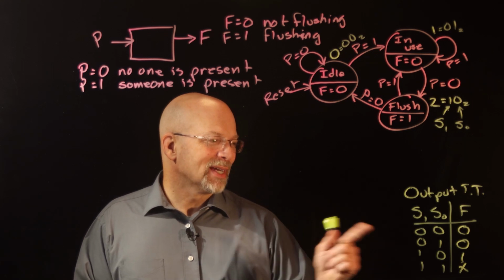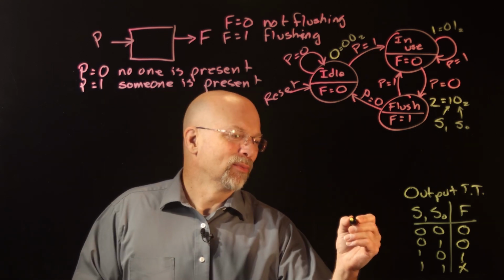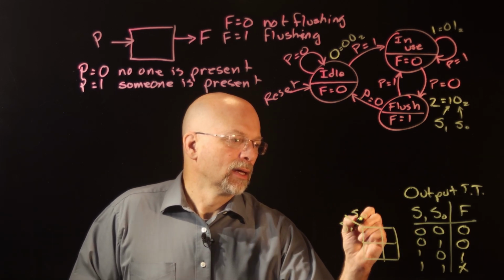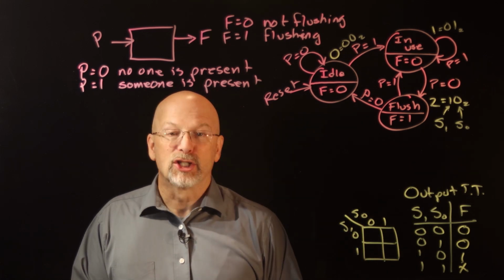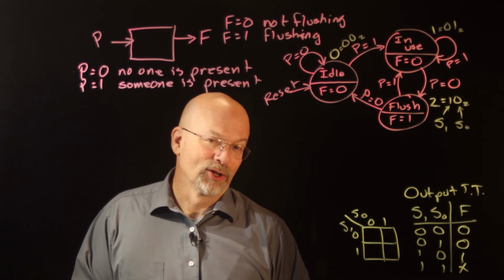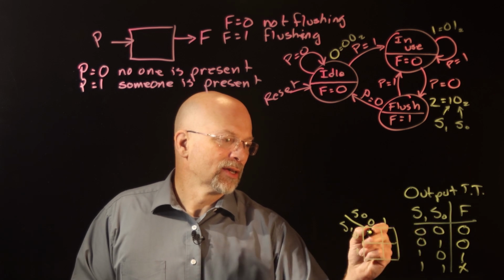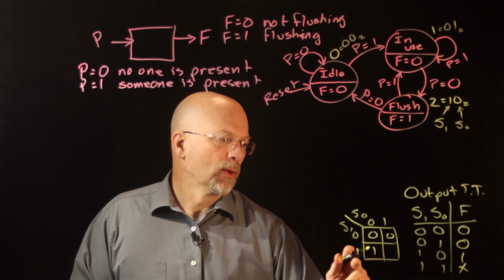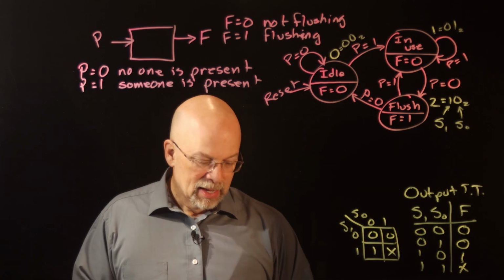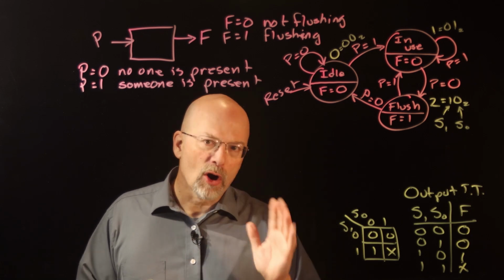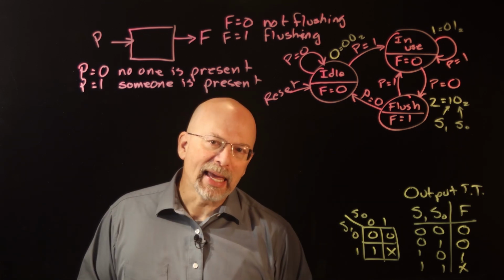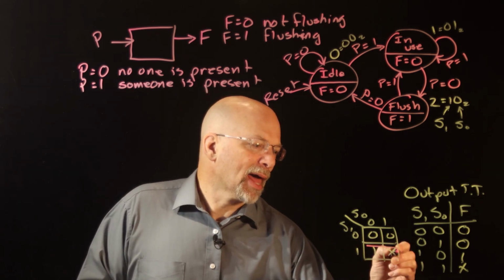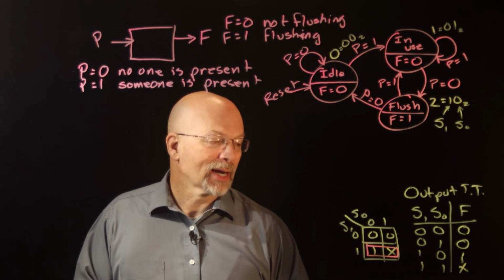All right, so what does this look like? Well, for the output, we could do a little Karnaugh map, a 2x2 square for a 2-input truth table. So 0, 0 has a 0, 0, 1 has a 0, 1, 0 has a 1, and 1, 1 has an X. Those X's are wildcards. You can make them whatever you want in order to make a simpler expression. So we're going to make that X a 1 so we can have a larger rectangle.